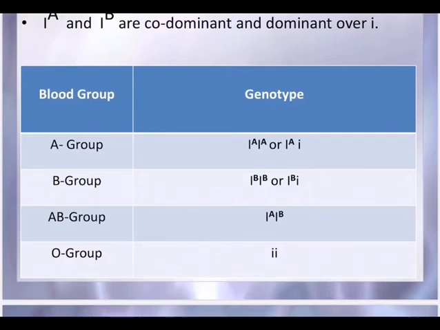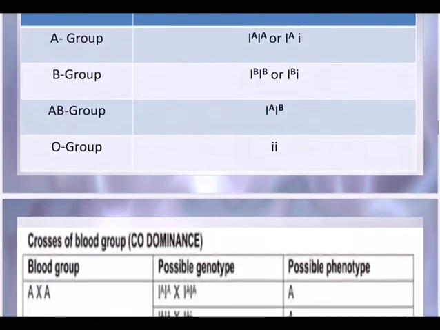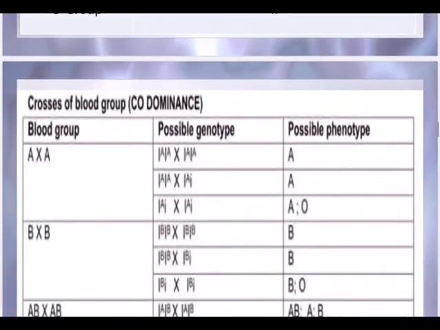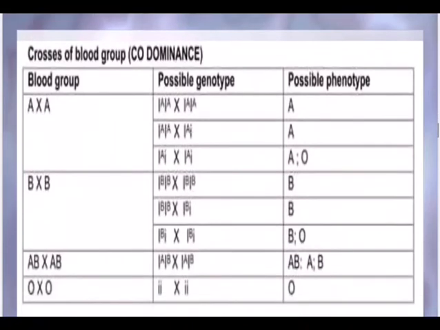If a person has B blood group, the possible genotype is IB IB or IB I0. For AB group, both the antigens are equally important, IA as well as IB, so the genotype of the person is IA IB. And of course O group has no antigen at all, I0 I0. That is why we say O group has no antigen.